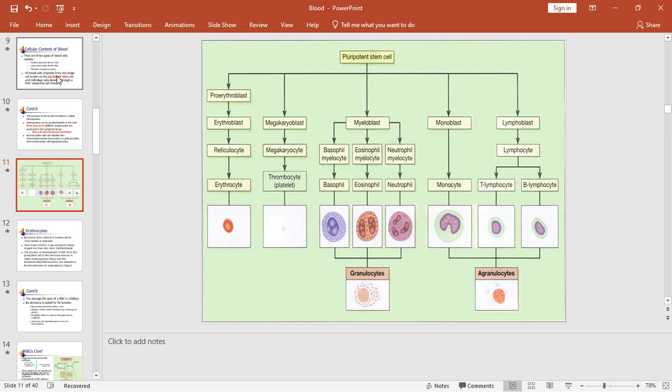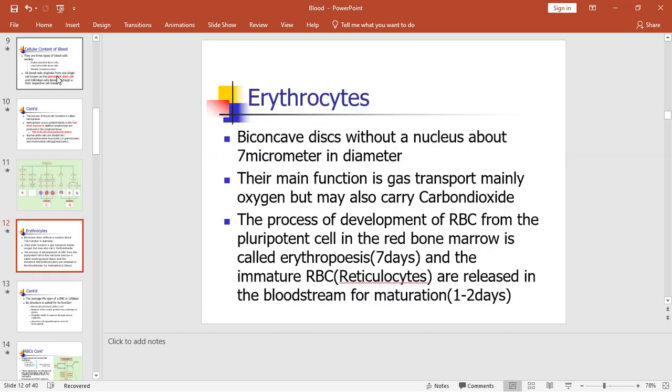You can see that the monoblast gives us the monocyte, while the lymphoblast gives us the lymphocytes, which are of two types, the T and the B. All right, so it's quite easy there.